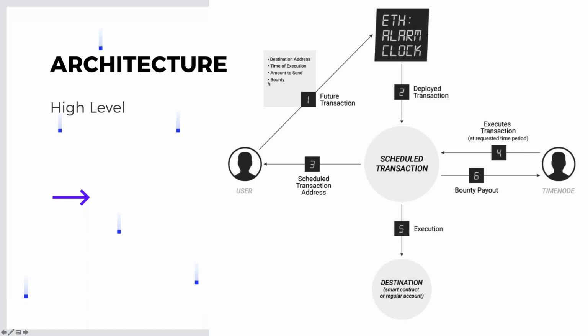He would also offer a bounty to any time node that will execute his transaction. The time node is the other entity, which executes these transactions at their requested time. The user sends these parameters to the Ethereum Alarm Clock protocol, which then deploys the scheduled transaction. This scheduled transaction waits for the right time, at which point the time node sees that it is the correct time and executes it.